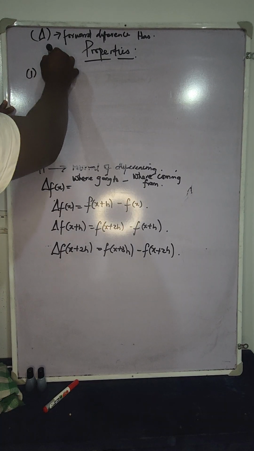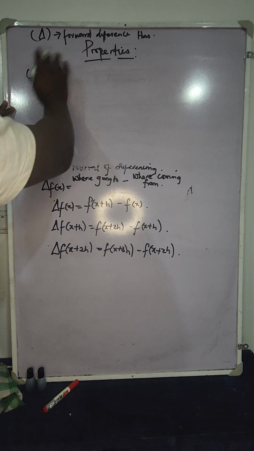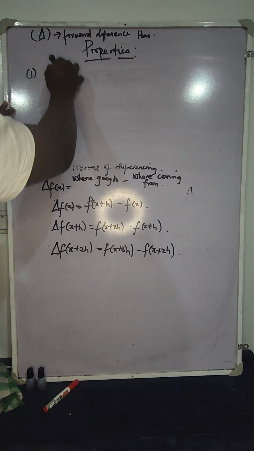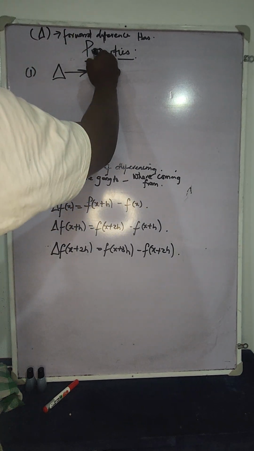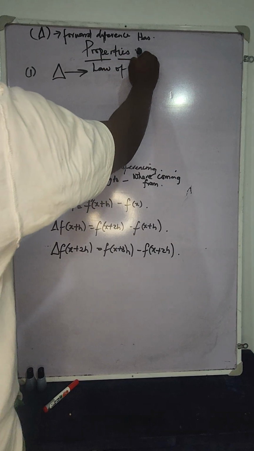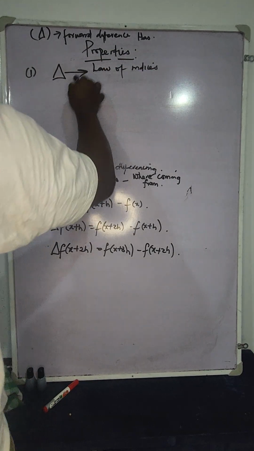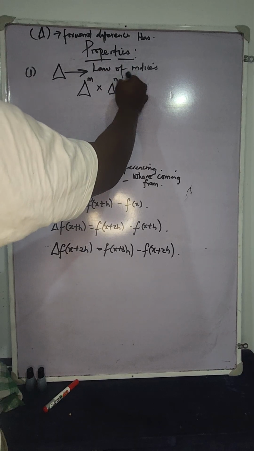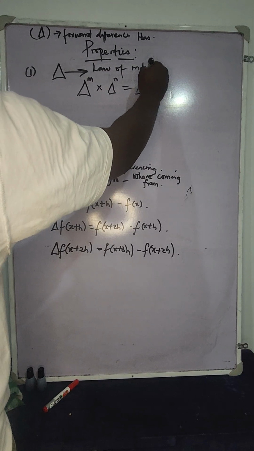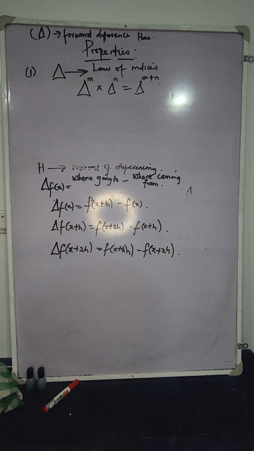A forward difference can obey the law of indices, in the sense that the forward difference of m, when multiplied by the forward difference of n, is equal to the forward difference of m plus n. That's the first law. Did you see that?